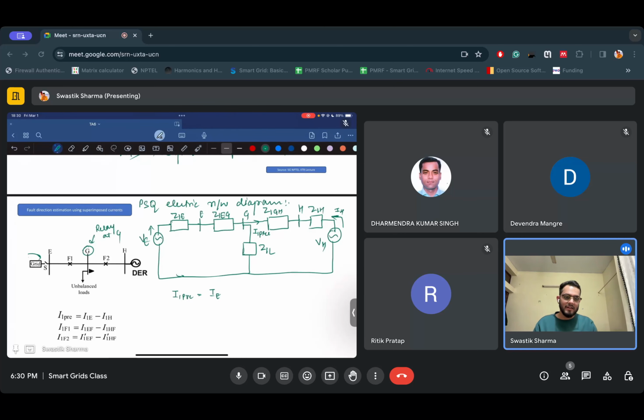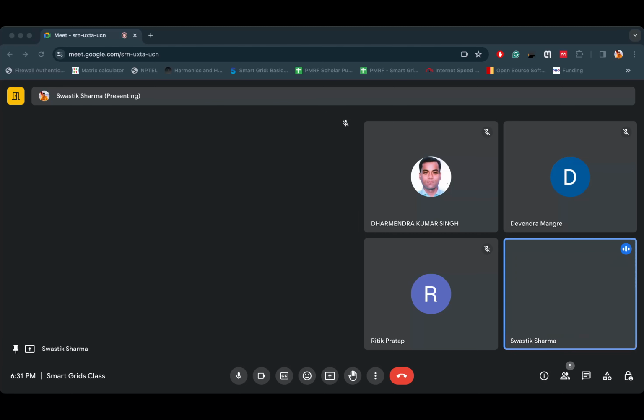Since the direction of the current we have taken is in the opposite side for I1 pre, this would be subtracted from IE. So the pre-fault current will be the current component from the grid subtracted by the current component from the DER. If you do Kirchhoff's voltage law using these two loop currents, I won't do it, it will take time, you will be able to come up with this expression.